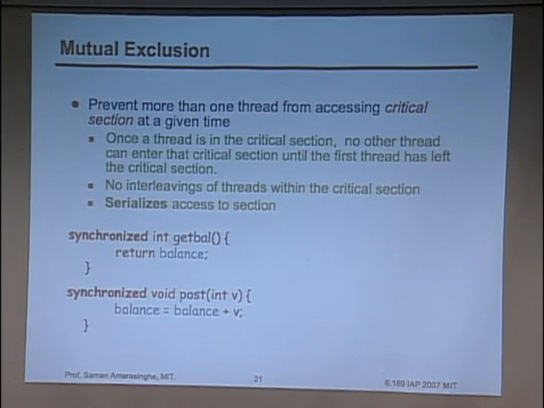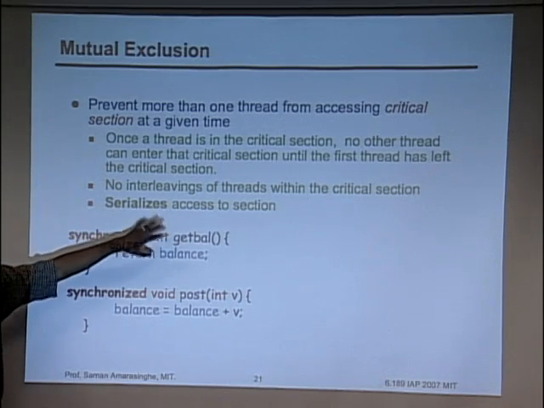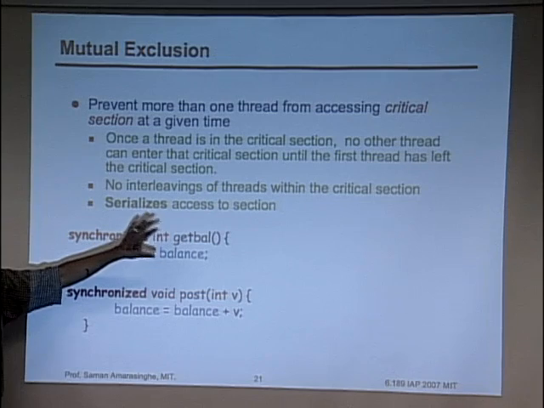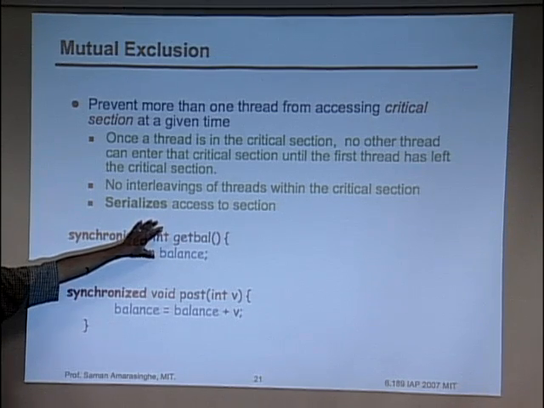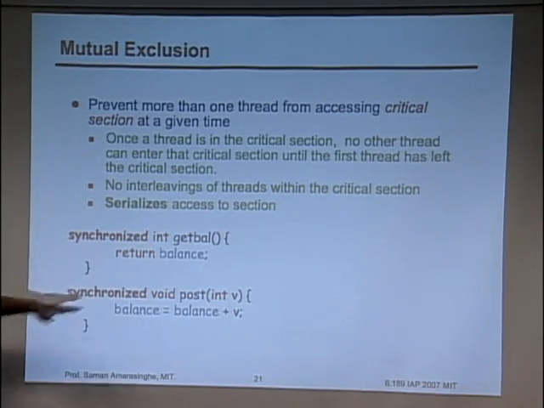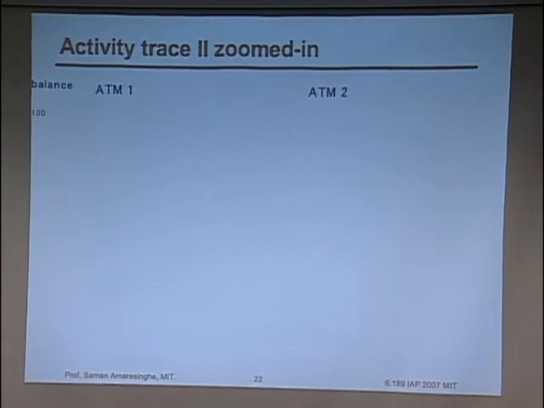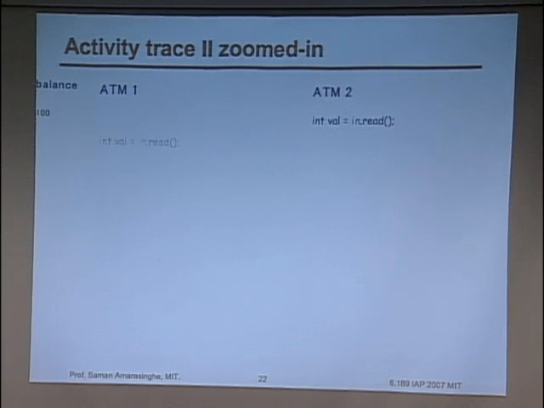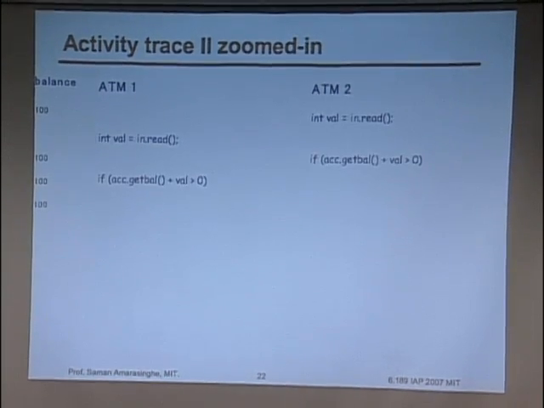So the way to do this in Java is this notion of a critical section, where only one thread can be in it at a given time. The way you do it in Java is you put synchronized in front of the method. When you do that, only one thread can be executing that method at a given time. Here, I will say get balance and post are synchronized. Reading, no problem, we can do this in parallel.